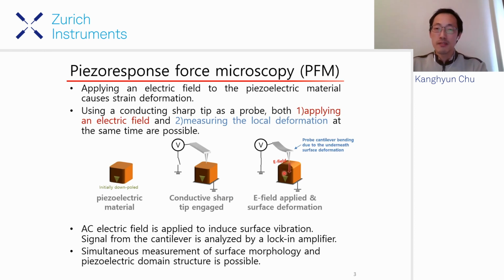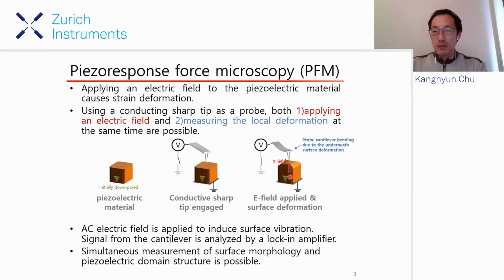It deforms the surface and generates some force on the cantilever, and then it bends, and we can pick up the cantilever bending so that we know that, yes, there is some piezoelectric response underneath the tip or not. And one good thing is when we apply the AC bias, the AC field, to the tip, then the phase of the response is totally connected to the polarization direction of the sample underneath.